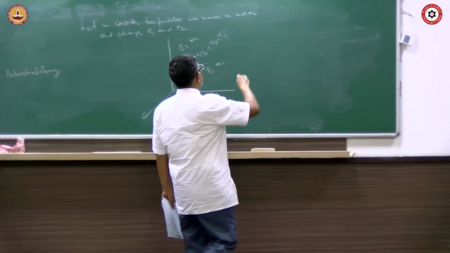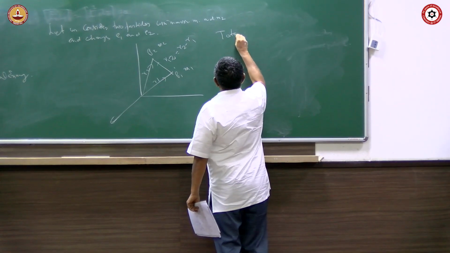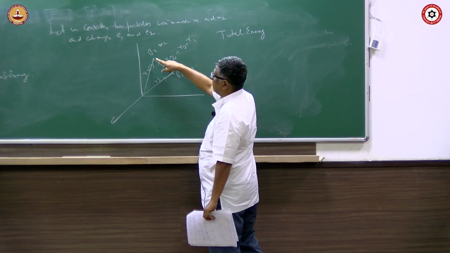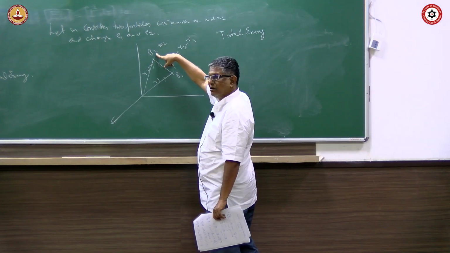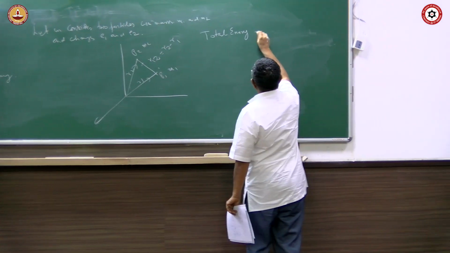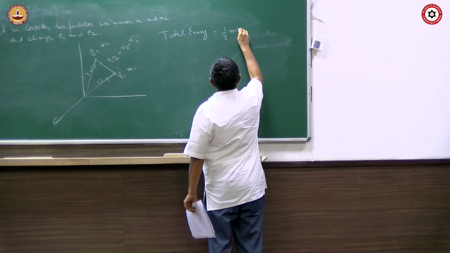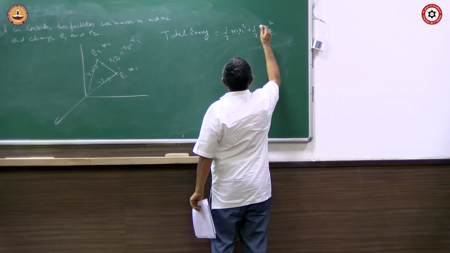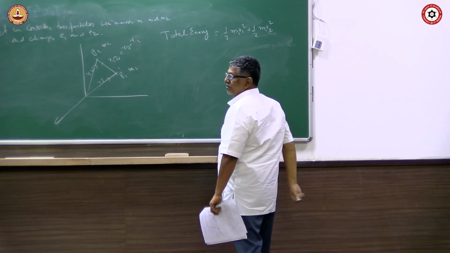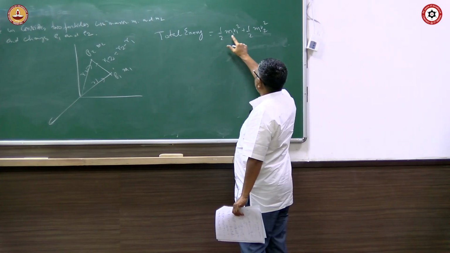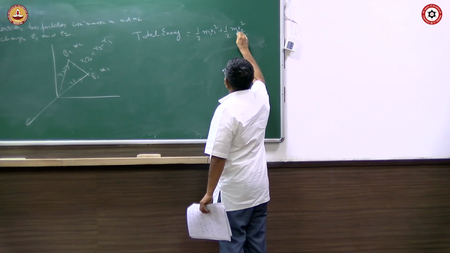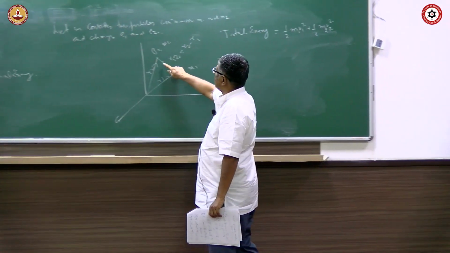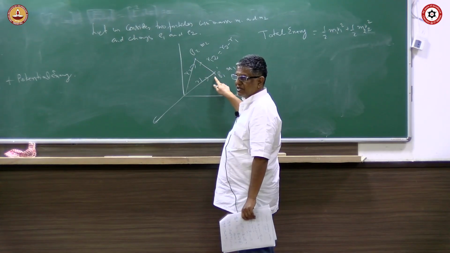So what is the total energy now? The total energy is the kinetic energy of particle 1 plus the kinetic energy of particle 2. Kinetic energy is half m1 v1 square plus half m2 v2 square. Plus, they are in a Coulombic potential because they have charges.